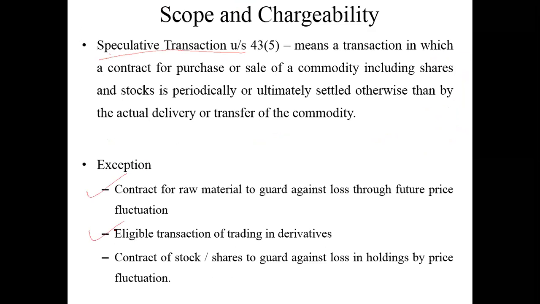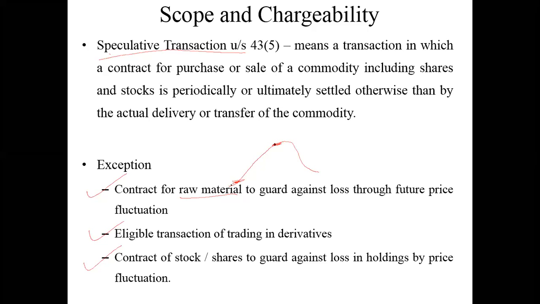And what are these conditions? Please try to understand. Whenever you know that you are going to face a shortage of raw material, you suddenly buy a huge quantity of raw material and keep it in your godown. Here your intention is not to buy raw material at a lower price and sell it at a higher price.